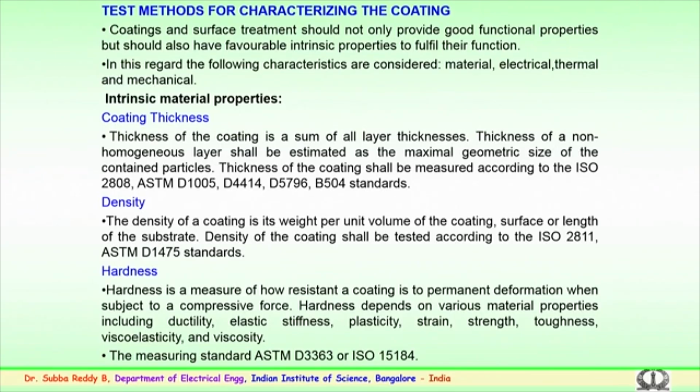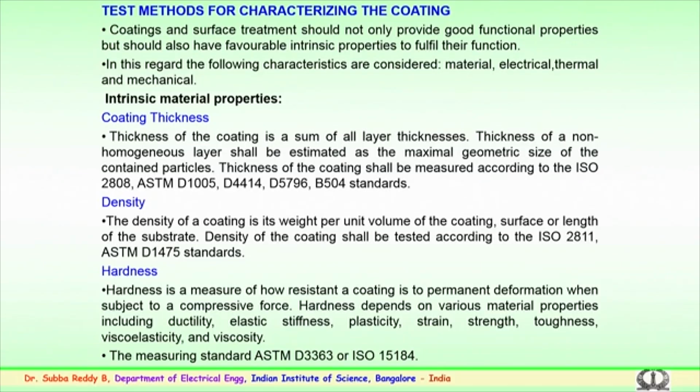The third is the hardness. Hardness is a measure of how resistant a coating is to permanent deformation when subject to compressive forces. Hardness depends on various material properties including ductility, elasticity, stiffness, plasticity, strain, strength, toughness, viscosity and viscoelasticity.